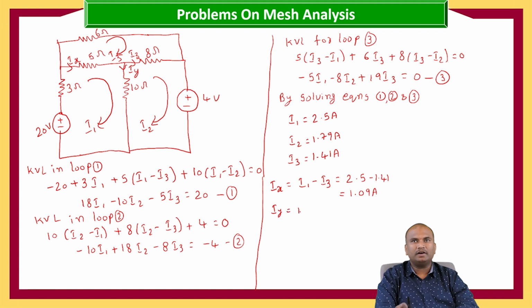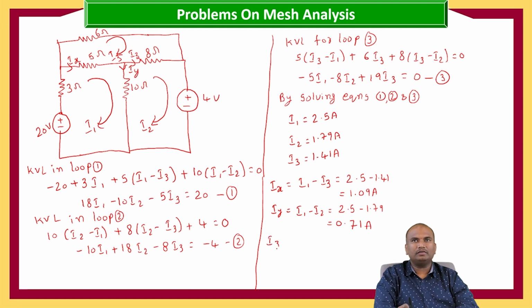Iy is equals to I1 minus I2, which is 2.5 minus 1.79, that is equals to 0.71 amperes.